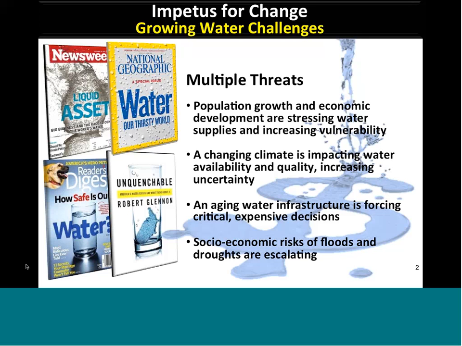If you look at decade over decade losses between the 1980s, the 1990s, and then the 2010s, we saw rises up to, on average, $10 billion a year in losses from the direct impact of flooding alone. So it's certainly an escalating threat, a complex threat of multiple challenges.